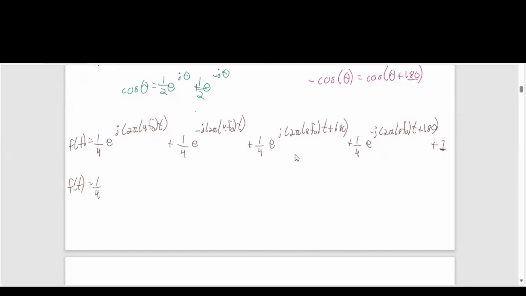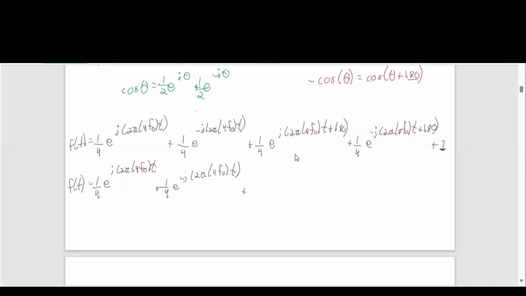A quarter e to the j 2 pi 4 f naught t, right? So plus a quarter e to the minus j 2 pi 4 f naught t.